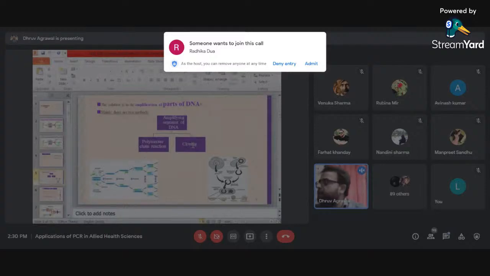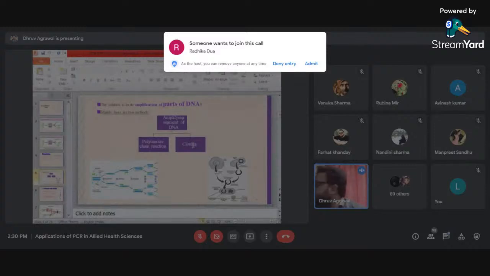Then you take a specific fragment and ligate it with a vector, that may be a plasmid or some other vector, and then you transform that recombinant DNA into the host, right? And when those hosts multiply, your gene copies will also be formed, multiple copies will be formed.